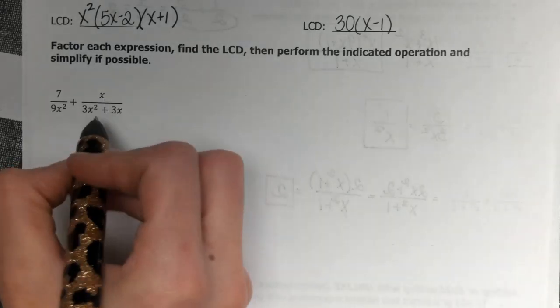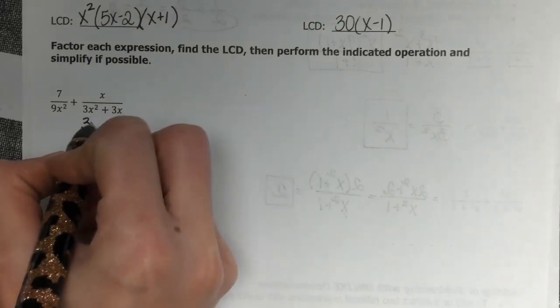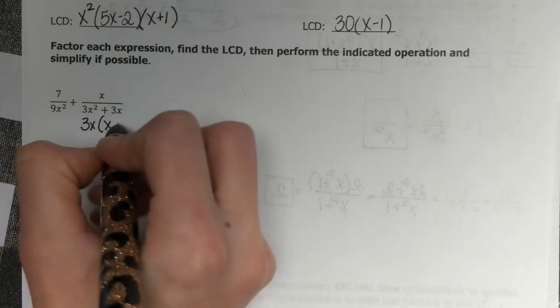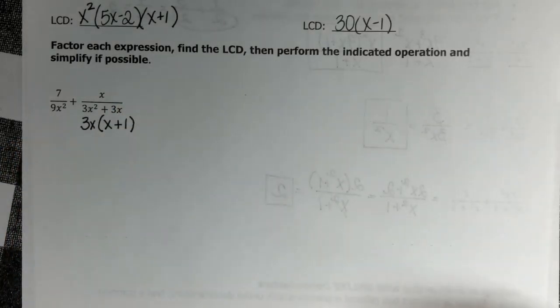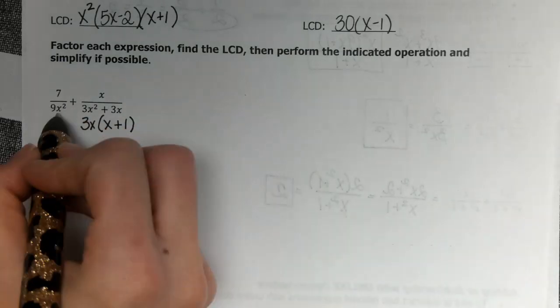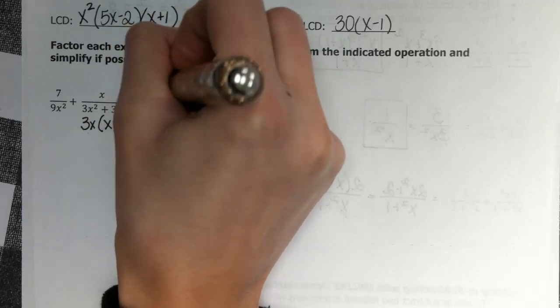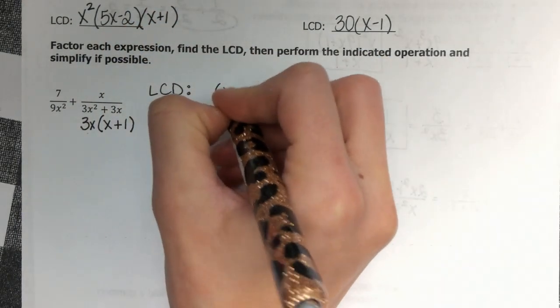So I could take out what as my GCF? 3x. And that would leave me with x plus 1. So my denominators are 9x squared and 3x times x plus 1. So for my LCD, I know I'm going to have x plus 1.